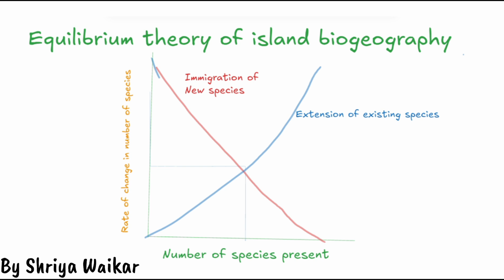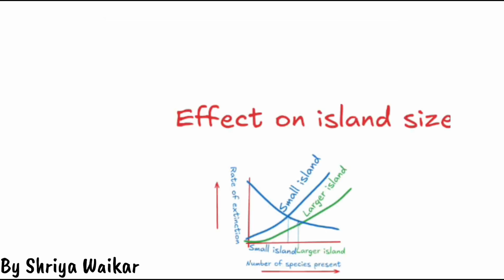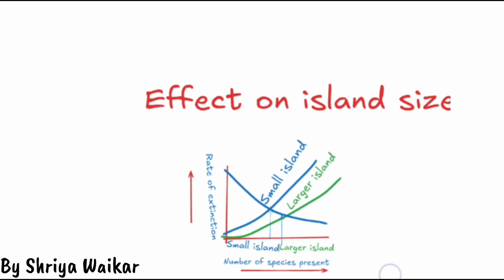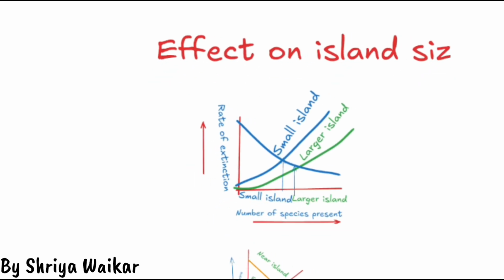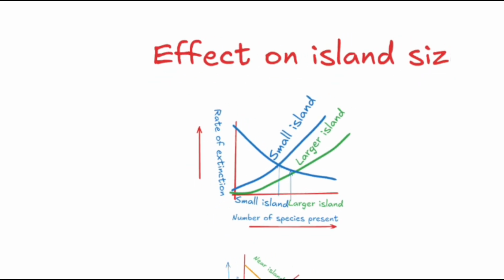So, two physical features of an island further affect the immigration and extinction rate: its size and its distance from the mainland, and the mainland is the place where the new immigrant species originally inhabit.